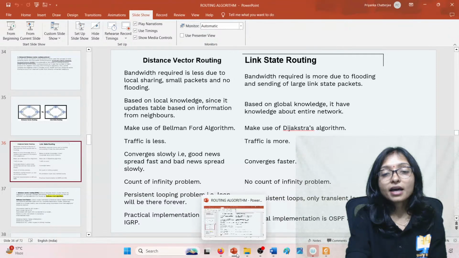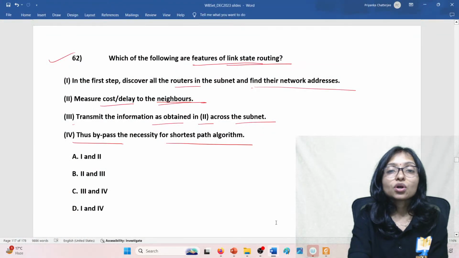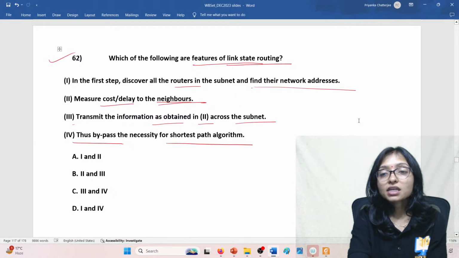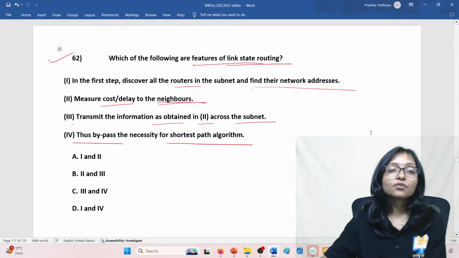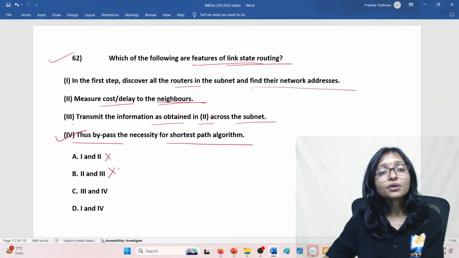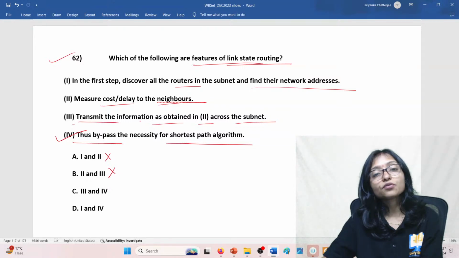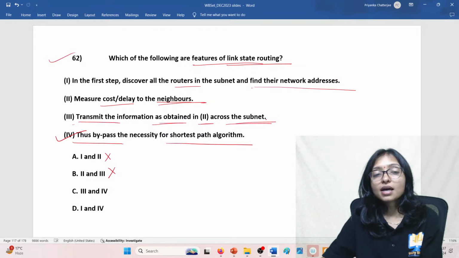So now you can see what your answer will be. It was asking which one is the correct feature, right? Definitely option 4 will not be your correct answer, and this one is not your correct answer either. Now you can see the third one: transmit information obtained across the subnet.